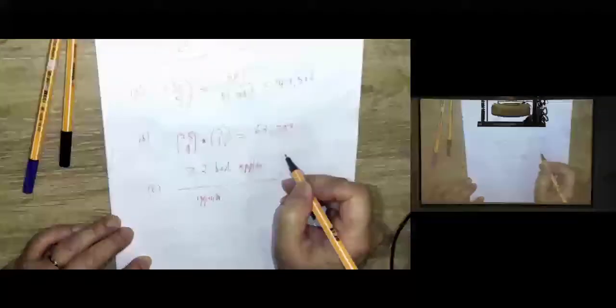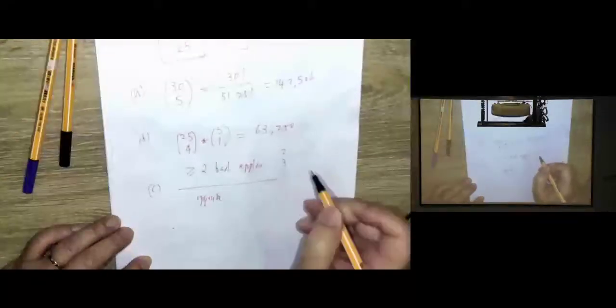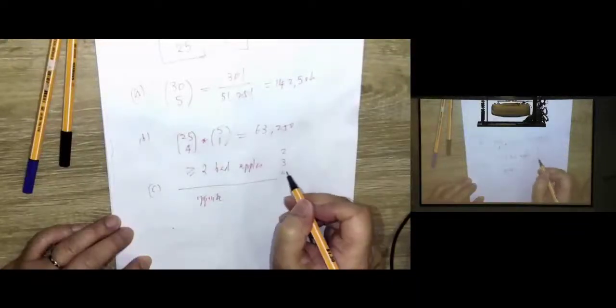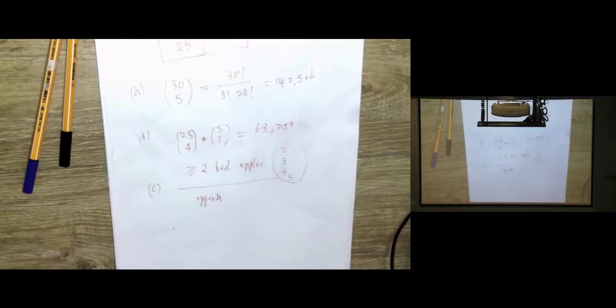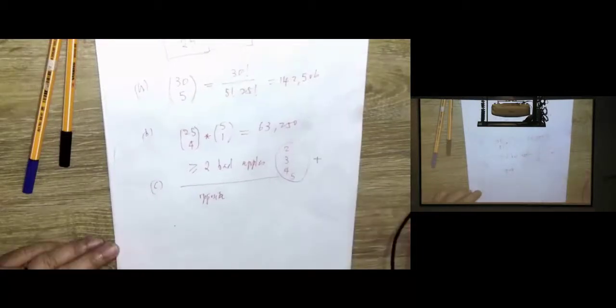At least 2 bad apples means 2 bad apples, 3 bad apples, 4 bad apples, and 5 bad apples. So you have to calculate some of this. And now here you have to do addition because either you have 2 bad apples in your choice or 3 and so on. So you will use addition here.